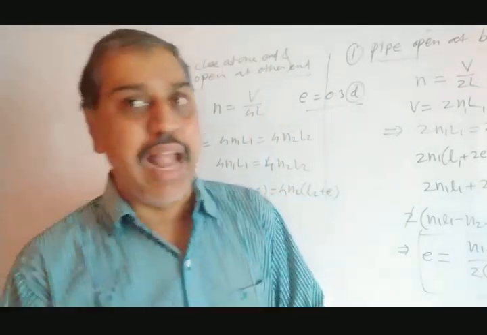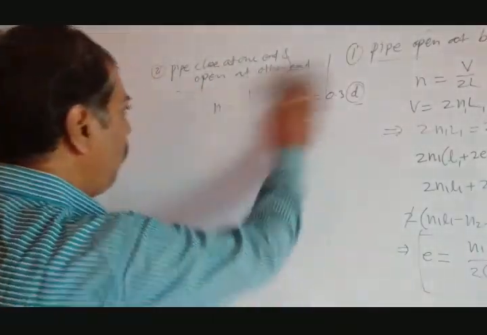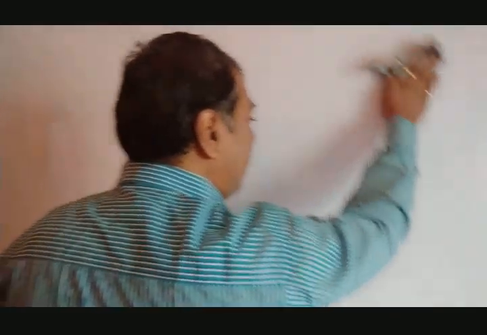Apart from this, there is one activity they have shown. What is that activity? It is an application of whatever we have learned up till now, and from that activity you can find out the velocity of sound at room temperature.